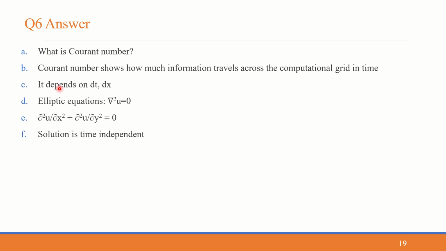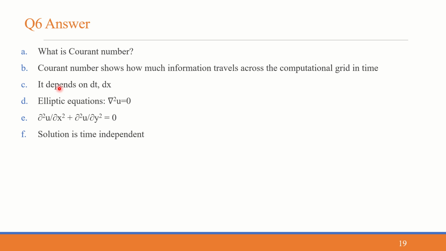Basically it looks something like v into delta t by delta x should be less than 0.5 in some generic case. V is the speed with which information is traveling, delta t is the information traveling time step, and delta x is the grid spacing.